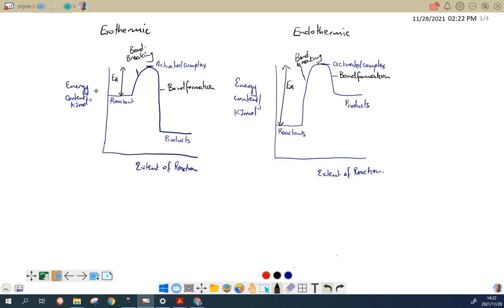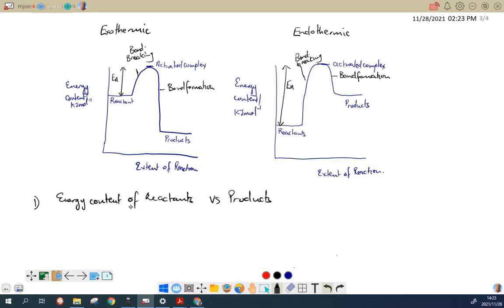So the first and obvious difference that we can appreciate is the energy content of the reactants as compared to the energy content of the products. What do we observe?